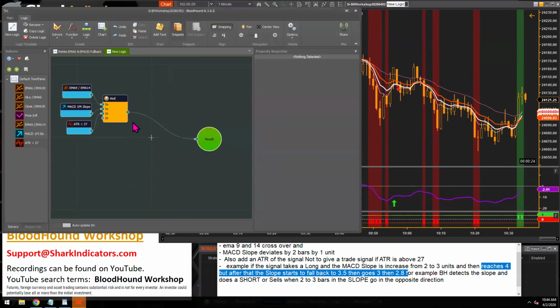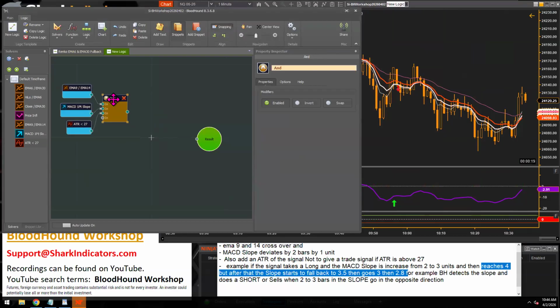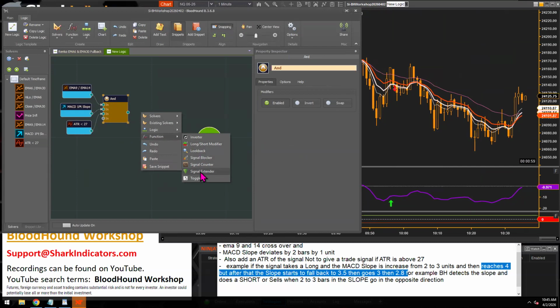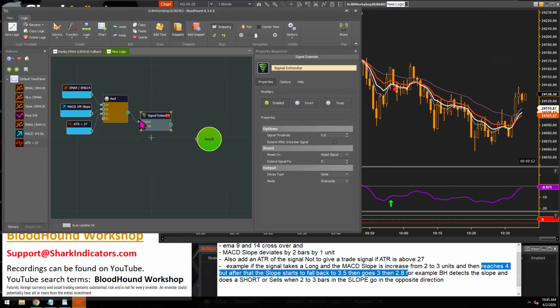All right, so what we need to do is extend these conditions into the future. So let's grab a function node, and we could either use a signal extender or a look back node here. I think for this situation, I'll go with the signal extender just in case.